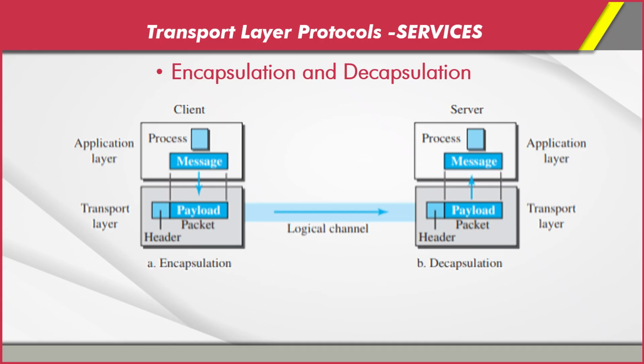The packets at the transport layer in the internet are called user datagrams, segments, or packets, depending upon which transport layer protocol we use. This process of adding the header to the payload message we are sending is called encapsulation, and on the receiver side the reverse process is called decapsulation.